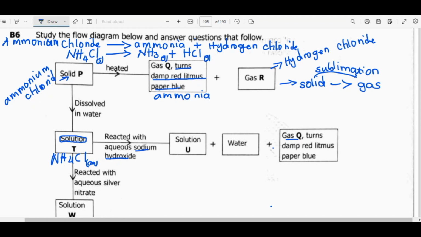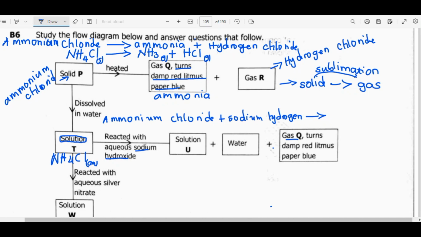So let's look at this word equation. We have ammonium chloride plus sodium hydroxide, right? Then for this one, somehow we can say a single displacement.